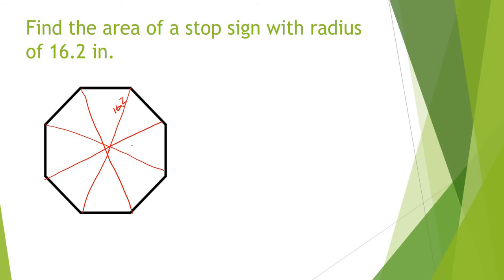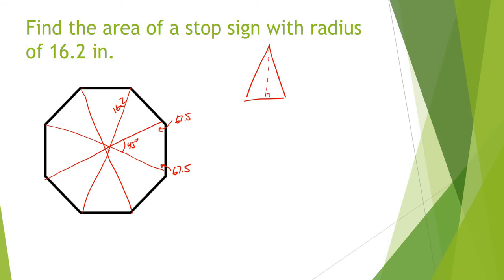So again, we got to find some angle measures. 360 divided by 8 is 45. If I subtract 45 from 180 to get my two angles here at the bottom, those are 67.5 for each one.